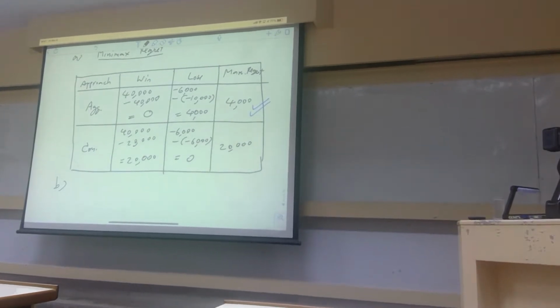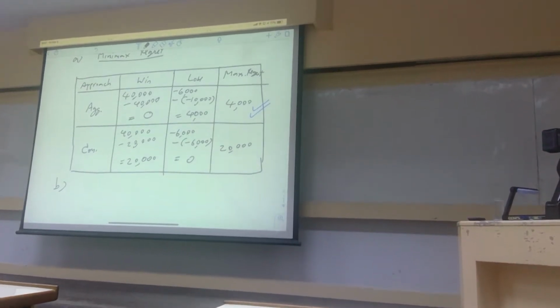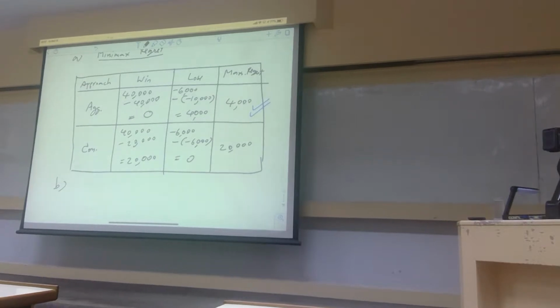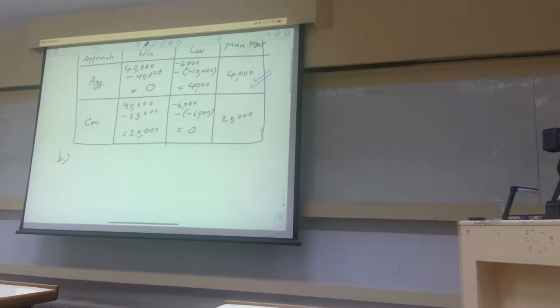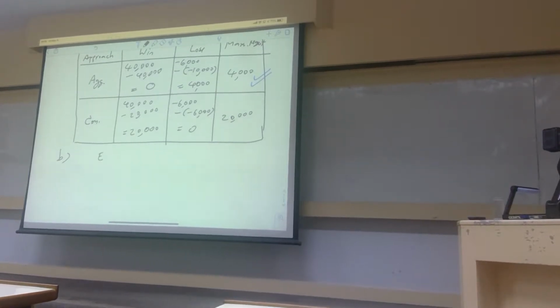And for question B, since we now know the probability, it becomes decision making under risk. So we need to calculate the expected value to make the decision. In this case, let's calculate the EMV. First, the EMV of the aggressive approach.